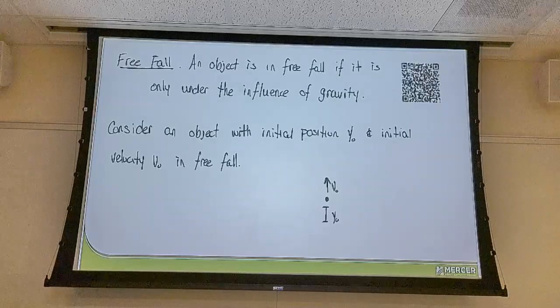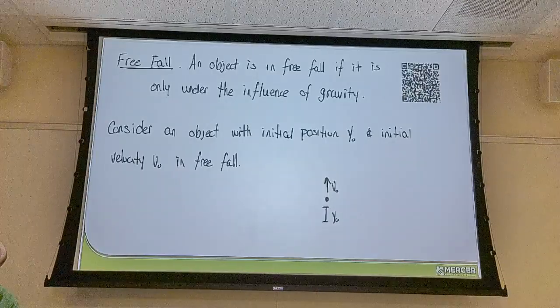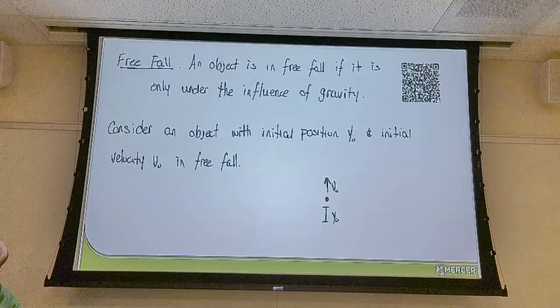Its only influence is gravity, right? Then what is its acceleration? -g.